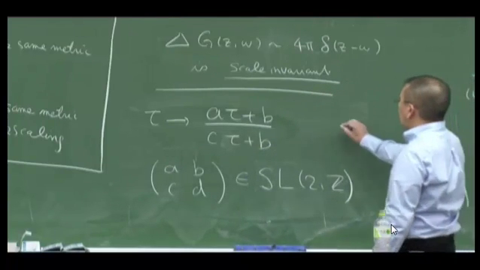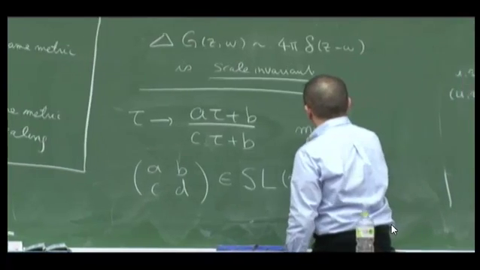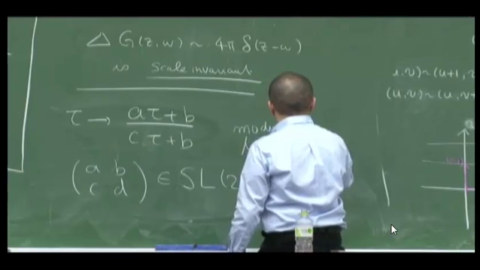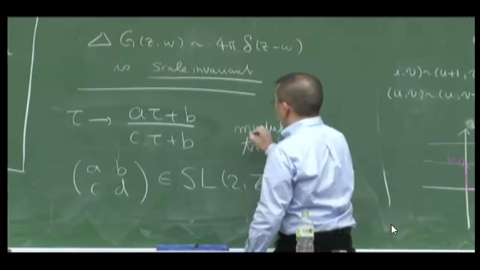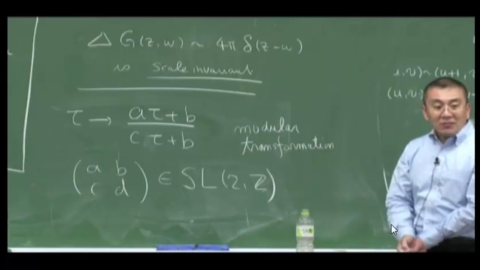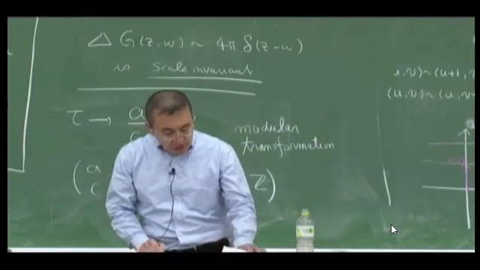This is called the modular transformation. So our problem has modular invariance because of the scale invariance.